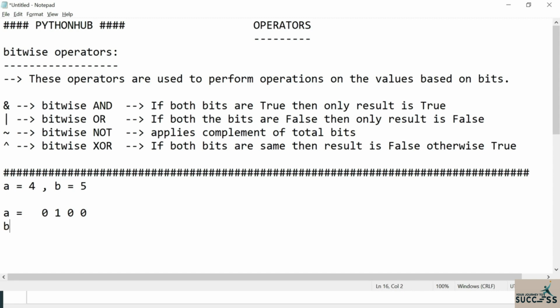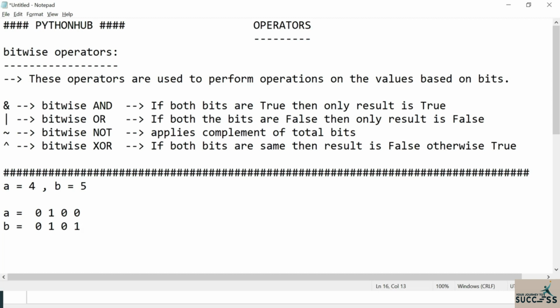Now let me denote b, which is 5, in binary format. It will be 0 1 0 1.